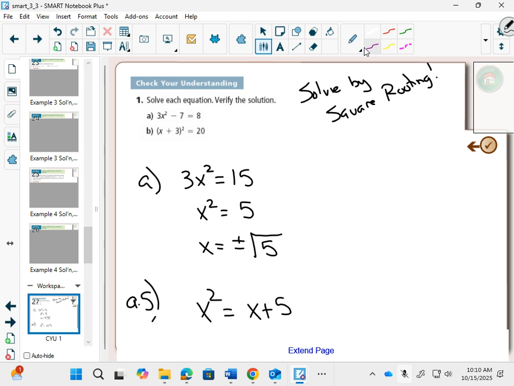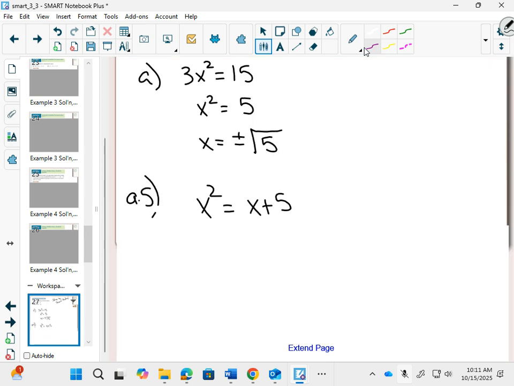Why is this one a bit of a problem? Because then we have the square root of x, then we have to square root again. I could square root this side and get plus or minus, but unfortunately I can't get the x by itself because there's still an x on this side. You would need a logarithm, I think. You would need something else. This is not working out for us.